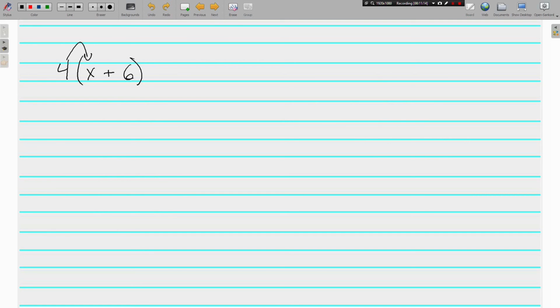But the distributive property will allow us to simplify this to 4x plus 24. I did 4 times x and I did 4 times 6. Now, you don't really need this right now, but it's coming soon.